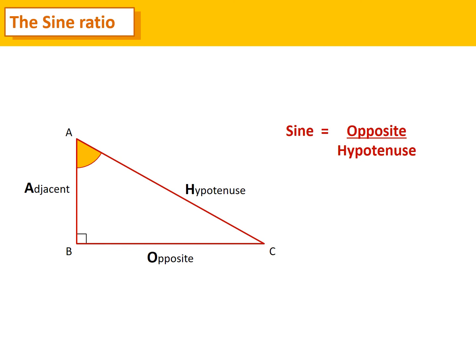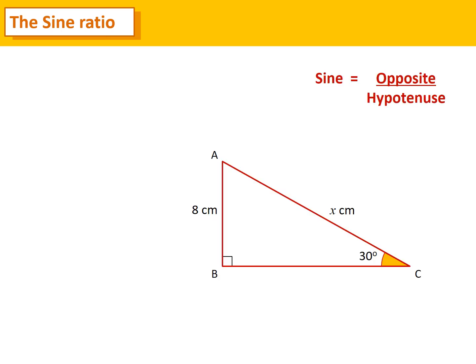But in the second example, the angle is marked in at point A. Therefore, we don't write sine C, we write sine A equals the opposite over the hypotenuse, which is 15 divided by 20.